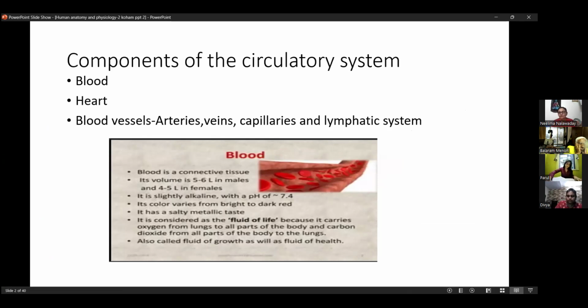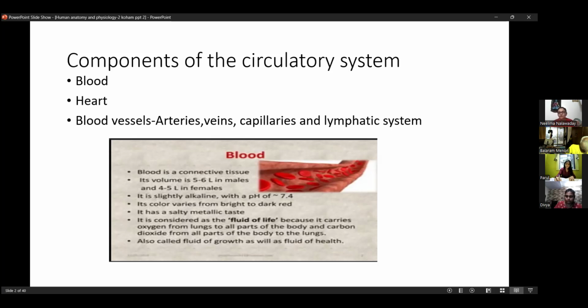Each and every cell, when it gets oxygenated blood, can carry out all metabolic functions, like our mitochondria, which need oxygen, that we saw in our last session. The components of the circulatory system are blood, heart, blood vessels like arteries, veins, capillaries, and the lymphatic system. We will go through each of them, but not in detail.